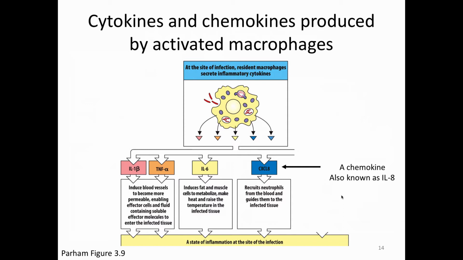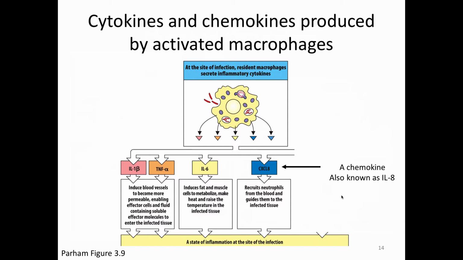And so the official term is chemotactic cytokine. But people have taken chemotactic cytokine, which is really long, and smushed it together to make chemokine. So we also have chemokines that are made. One of them is shown here. It has a few different names. It's not super important. Yes, it is IL-8. We'll see IL-8 later. That's going to be made by this macrophage.